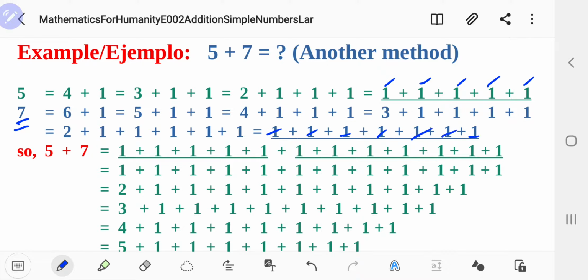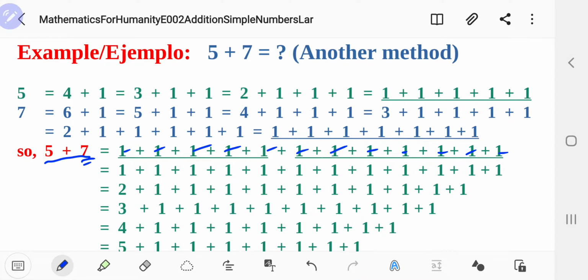And now you are going to add them. So 5 plus 7, you have, this is our 5: 1, 2, 3, 4, 5. And 1, 2, 3, 4, 5, 6, 7 for the 7.